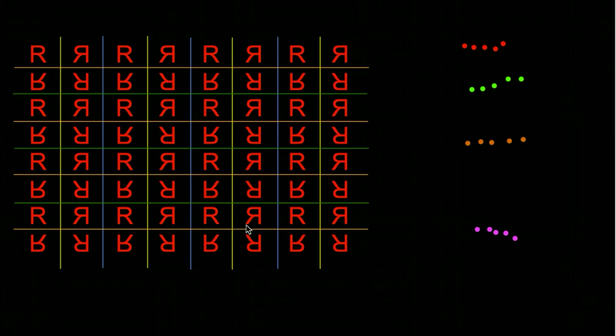Now, something interesting happens when we start looking at the intersections of these mirror points. I'm going to focus in on this one right here, and I'm going to just call it a red one right now. If I look at this, what I want to notice is that this is a half-turn rotocenter. This particular R under a half-turn will land on this one, and this particular R here will land on this one.